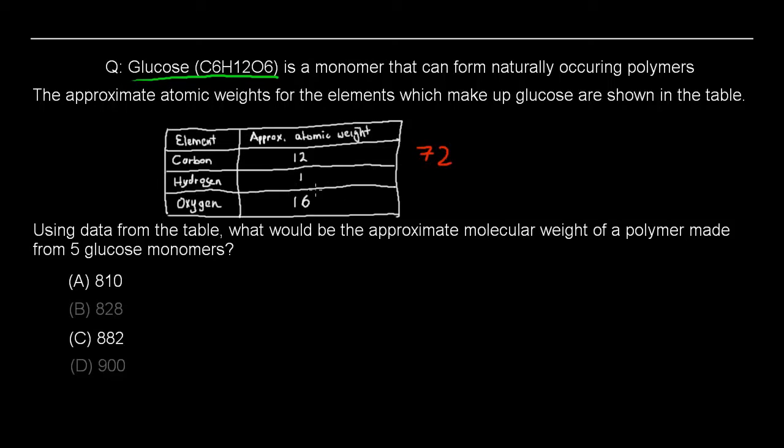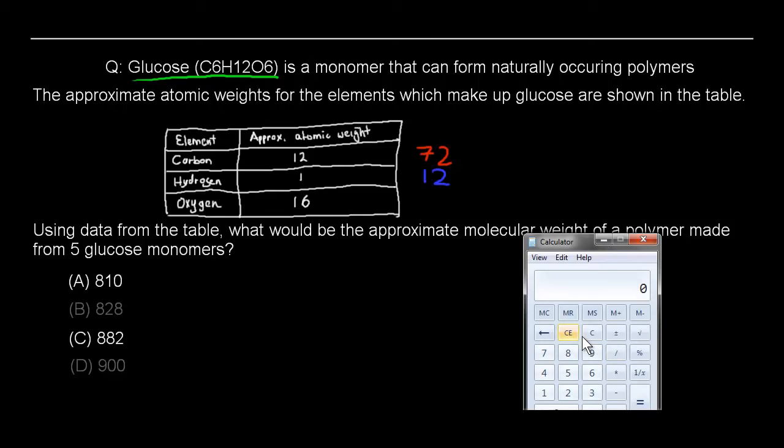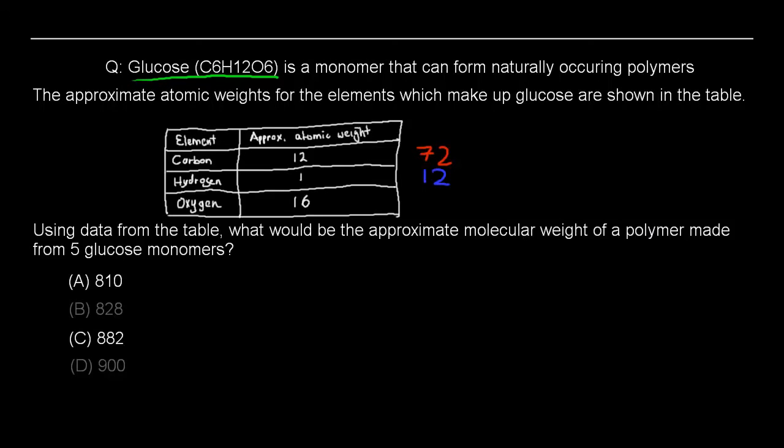I won't have to use the calculator for hydrogen because it's 1 times how many you have in one glucose. We've got 12, so it's 12 for hydrogens. And oxygen is 16. Again, we have 6 oxygens, so we do 6 times 16, and that gets us 96.